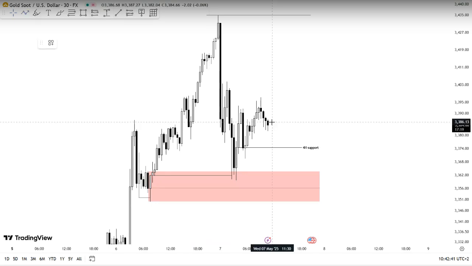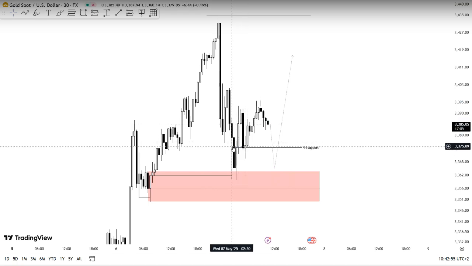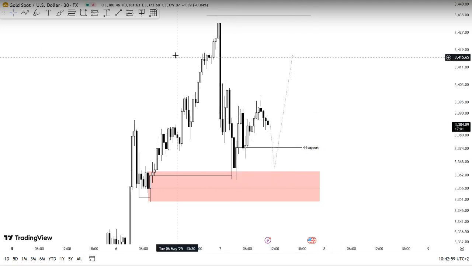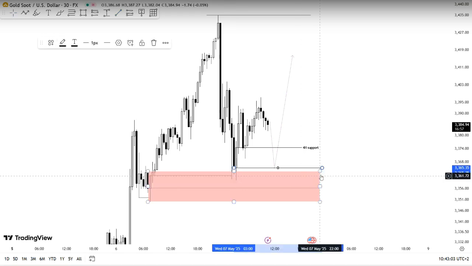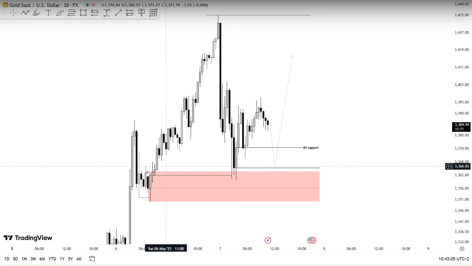Either price would trade below the 4-hour support into this 1-hour support right here and then push higher, because I am seeing a high probability demand around here, but it was used here, right? It was used here. So in this case, we might end up going for the SNR level right here, right?